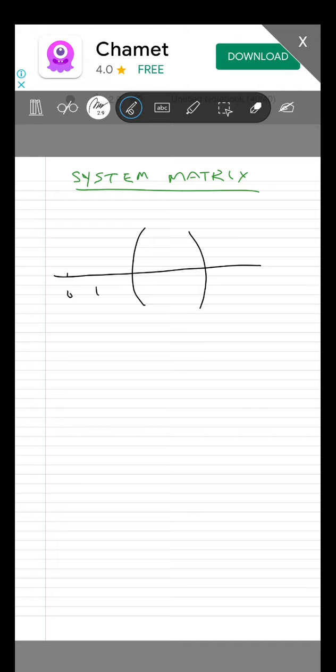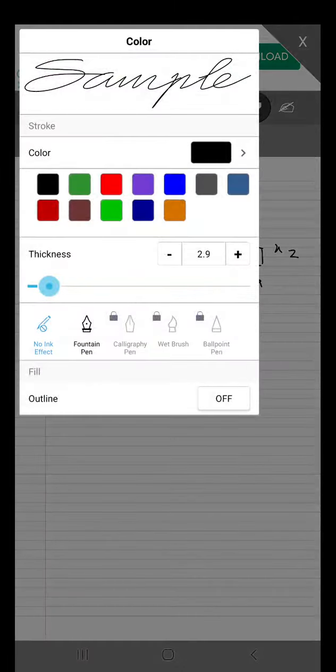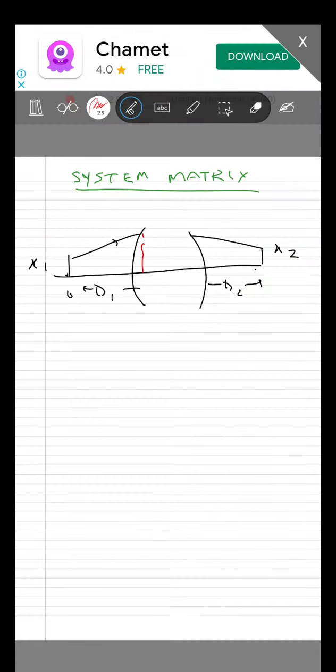It traverses this distance d1, and the image is found here. So let's call this one d2, and the positions, let's call this one x1, and the ray traverses here, and then it comes here. Let's call it x2, and the positions corresponding to this point, let's call this one x dash, and this one x double dash.